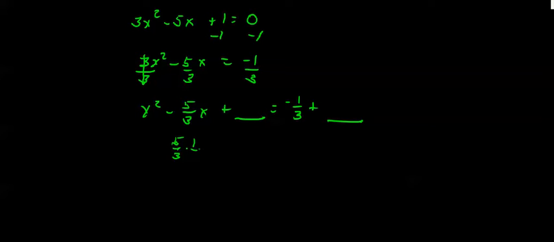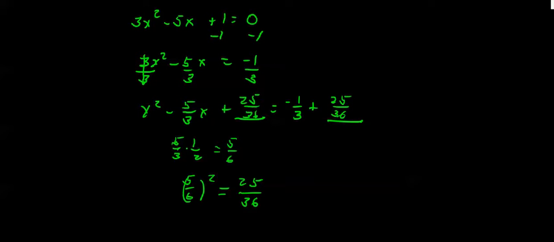We multiply by 1/2, nothing cancels, I get 5/6. I square 5/6. 5 times 5 is 25, 6 times 6 is 36. So we add 25/36 to both sides.